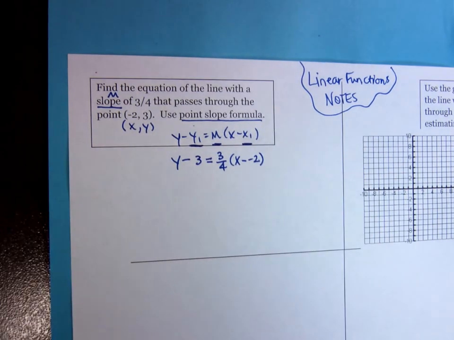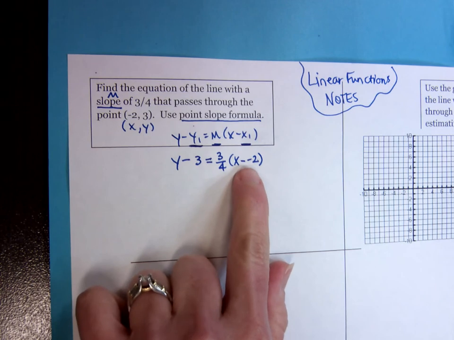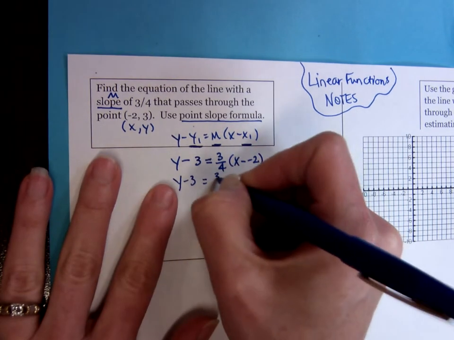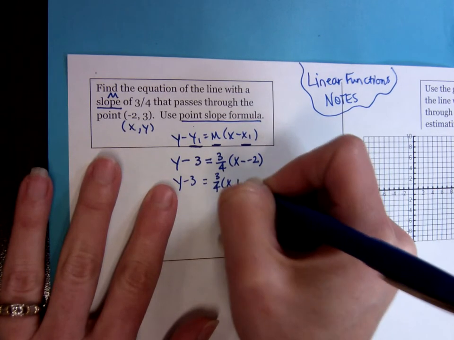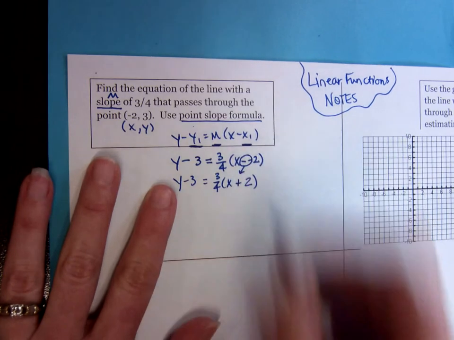All right, so here is the filled in point slope formula. What do we do now? Yeah, let's get these two negatives simplified. So that's y minus 3 equals 3/4 times x plus 2. All we did was change the minus and negative to a plus.